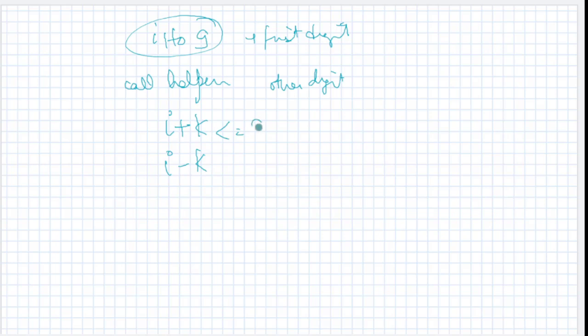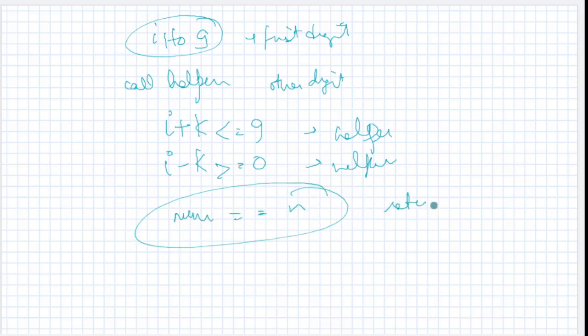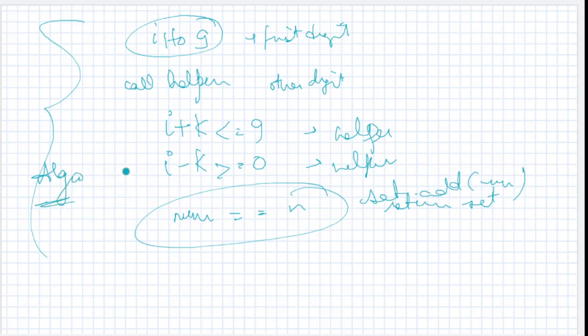If last digit plus k is less than 9 and this is greater than 0, call the helper function again by adding this digit to the answer. Okay, and once the resultant is equal to n digits, then return the set by adding this to the set. This is the whole algo that's being followed. I hope now this is clear, it doesn't seem to be quite tricky. If you have some queries, then do let me know in the comment box.